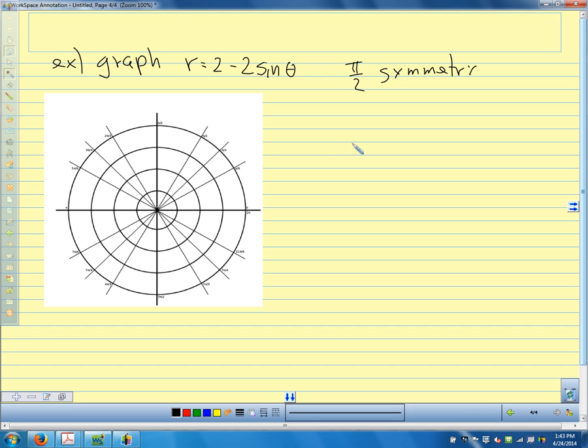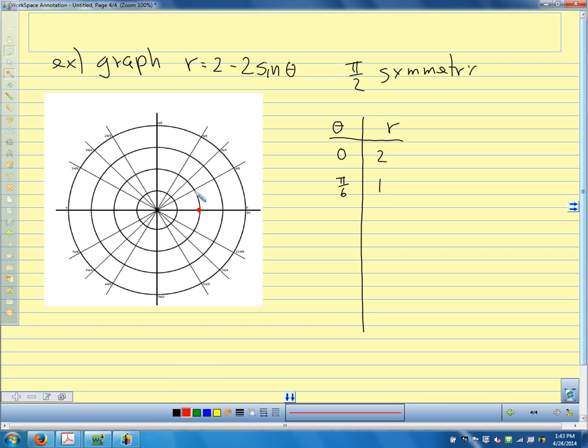So let's start making our table. Let's do a theta and an r, so we can make a table of values. Let's start out at theta equals 0. At theta equals 0, we plug this in and we get r equals 2. So I'm right here. When theta equals pi over 6, I'm plugging in and calculating, I get r equals 1.